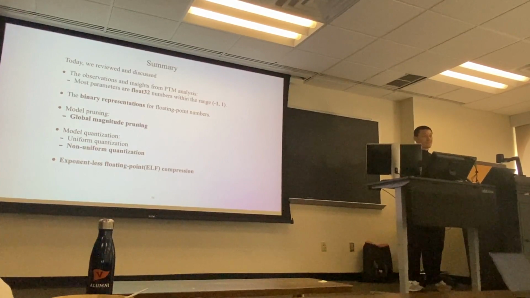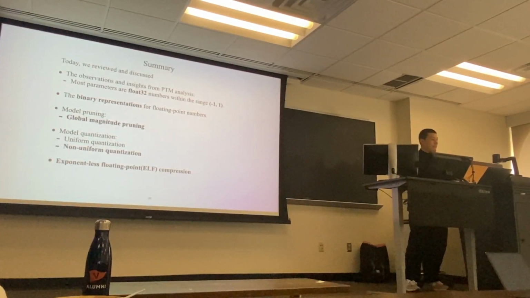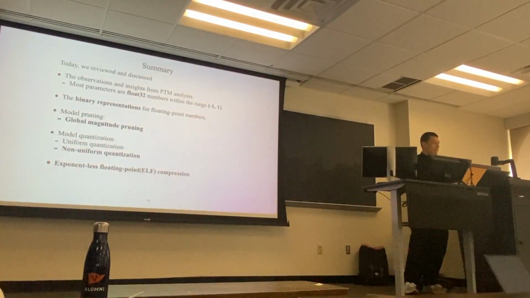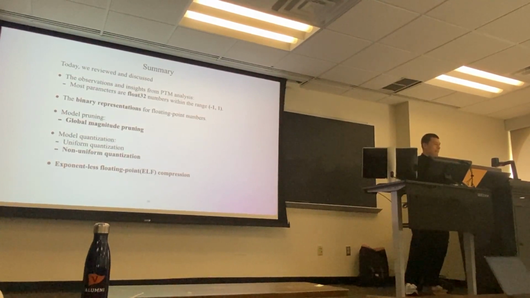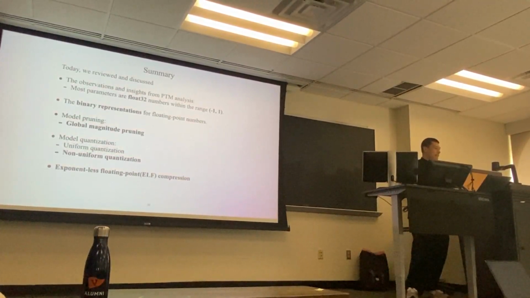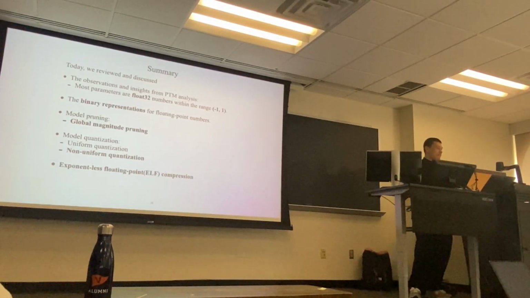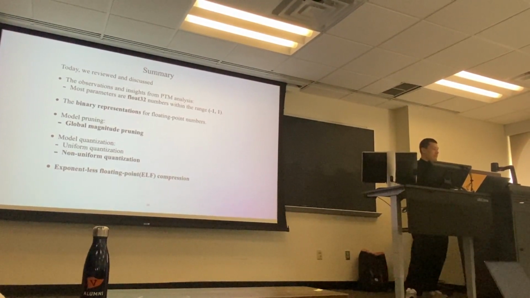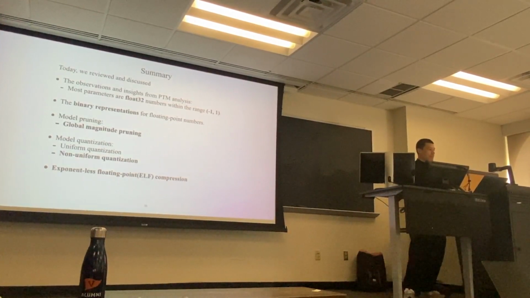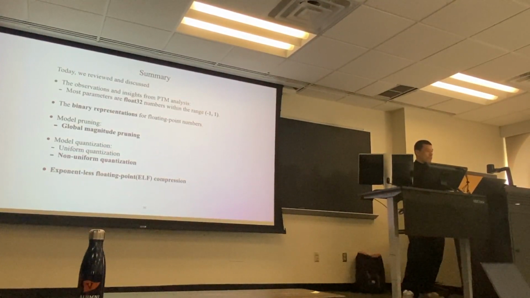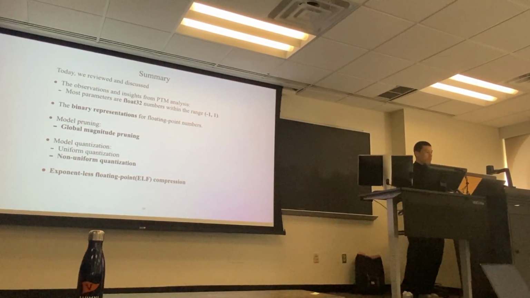Any other questions? So what's the difference between the storage mode of a model stored for inference or training within memory, versus the static storage of all the binary parameters for a model, for example, in a file?